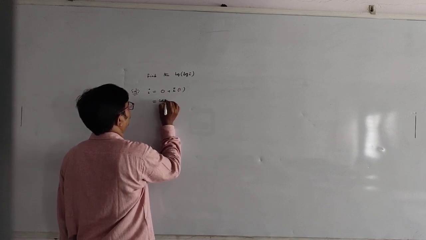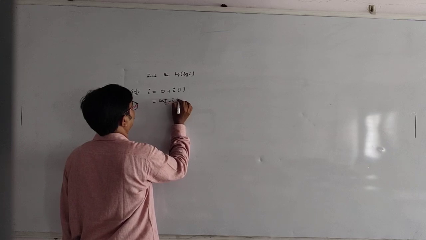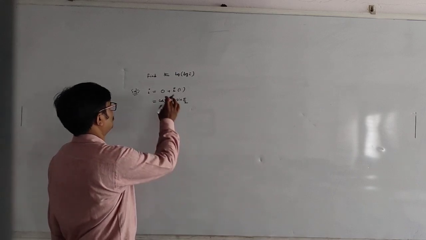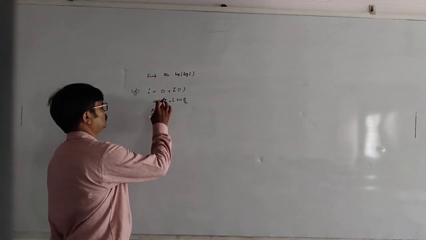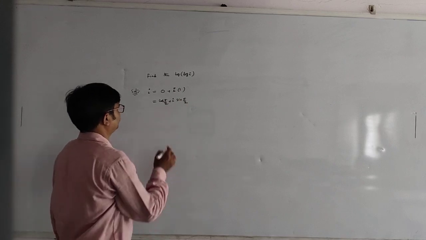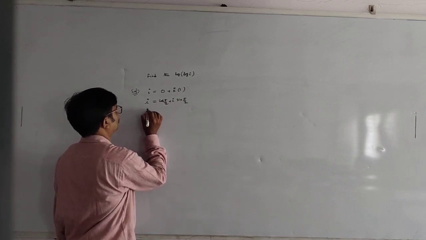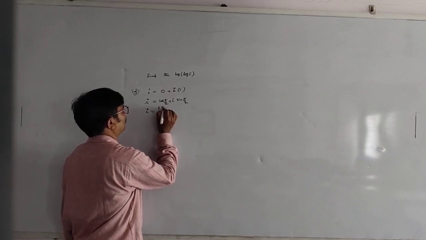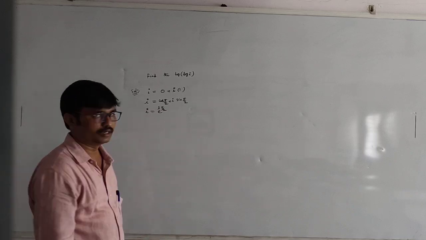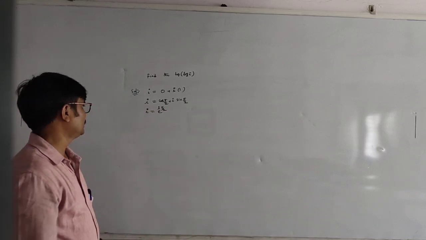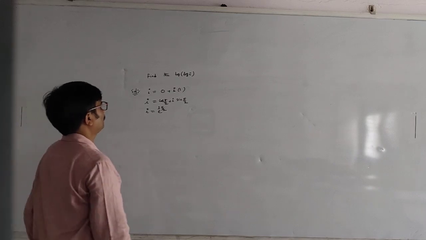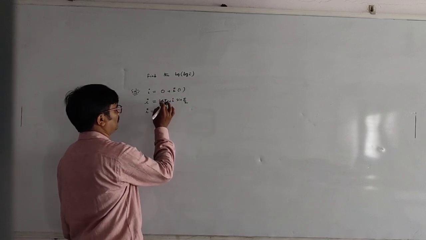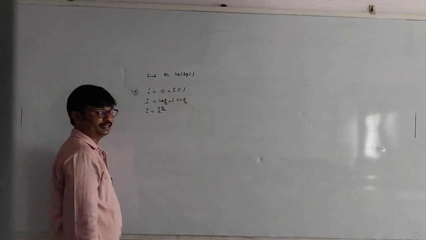Here 0 is the value of cos 90 and 1 is the value of sin 90.